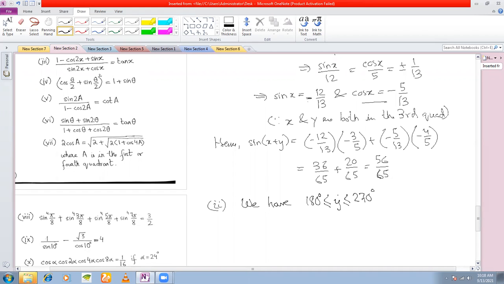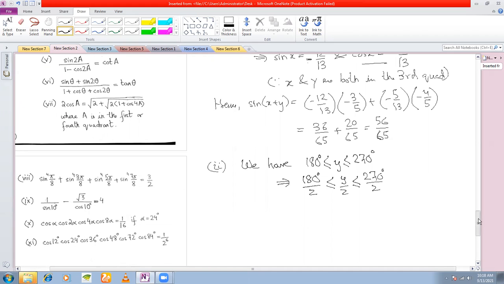Am I right? Did you understand this? Yes, sir. That means y by 2 must lie between these two values. That means y by 2 must lie between 90 and 135 degrees.